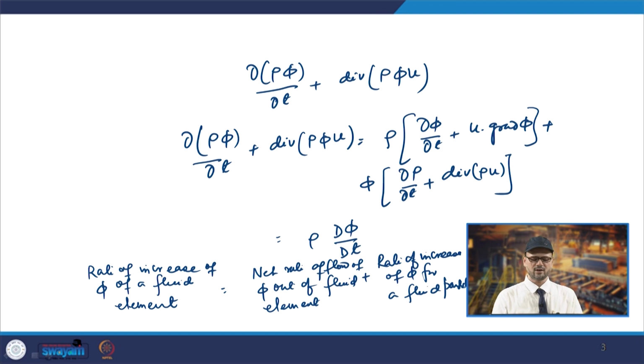Accordingly, if you look at the momentum equation which we will derive, in that you will have the terms for x momentum, y momentum and z momentum.